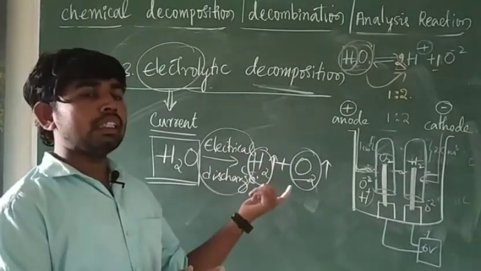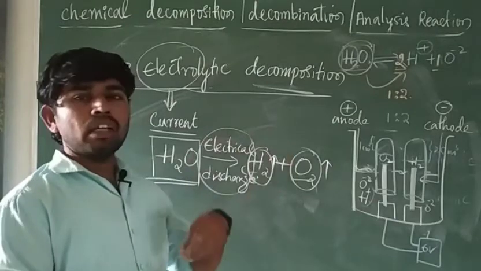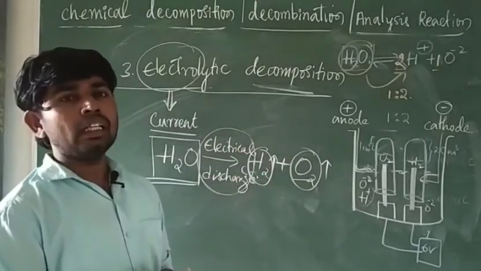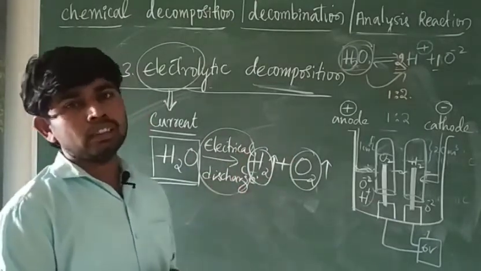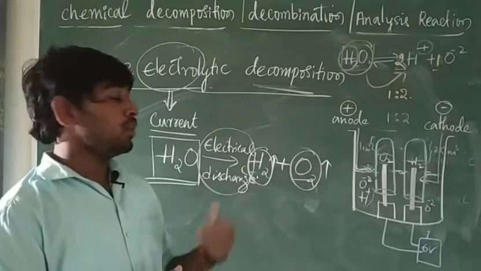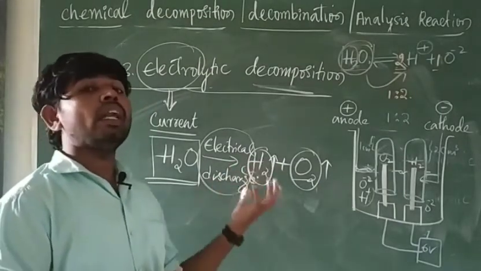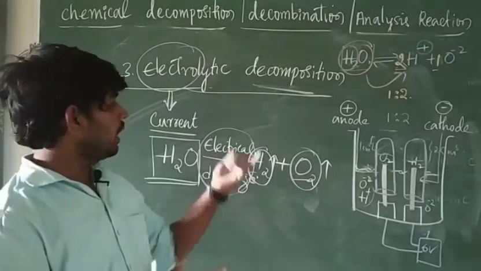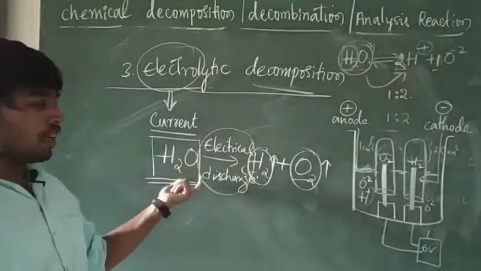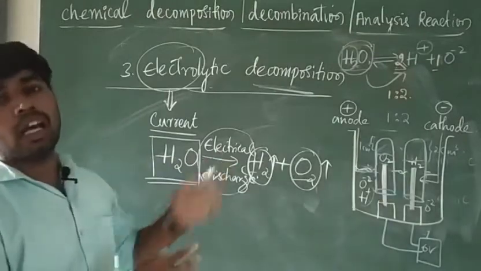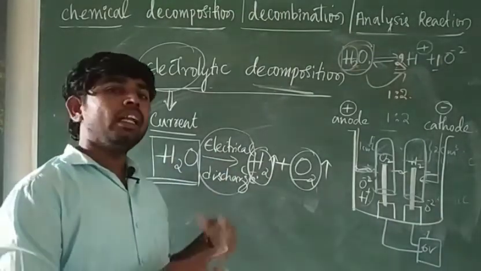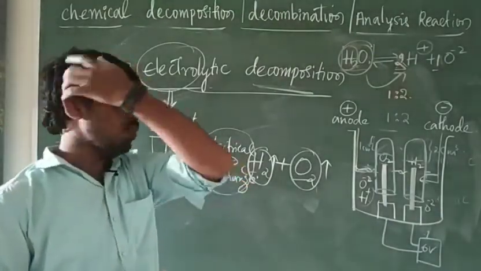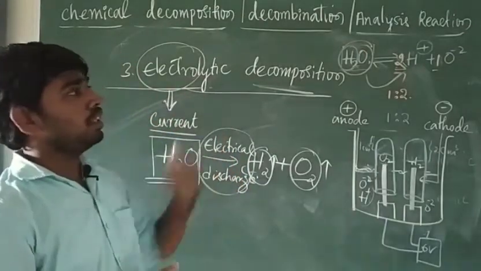In some cases the reactant absorbs normal light or sunlight, hence it is termed photochemical decomposition reaction. In the case of water, it absorbs electrical energy, hence it is called electrolytic decomposition reaction. I hope you got clarity about this concept.